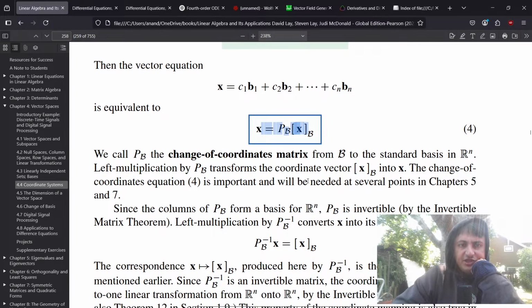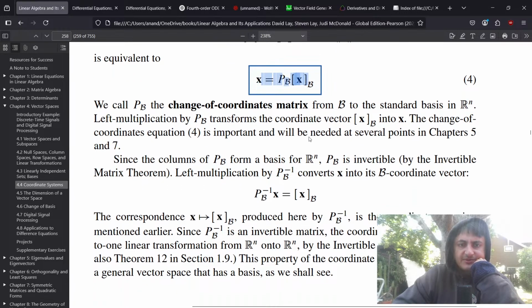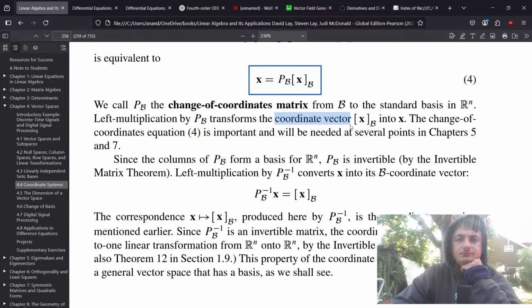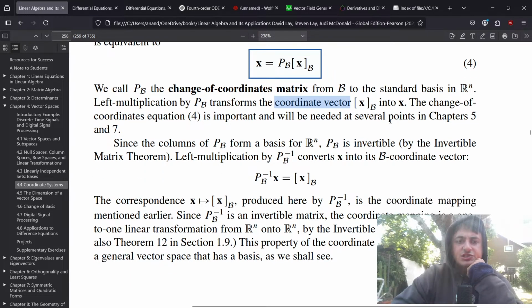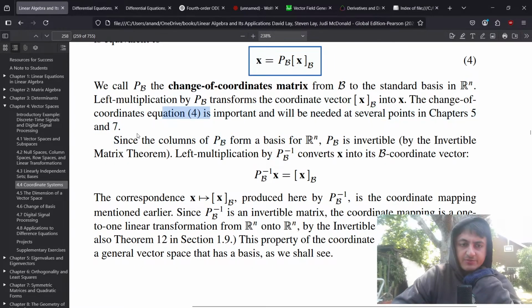We call PB the change of coordinates matrix from B to the standard basis. Left multiplication by PB transforms the coordinate vector into x. The change of coordinates equation in 4 is important and will be needed at several points in chapters 5 and 7.